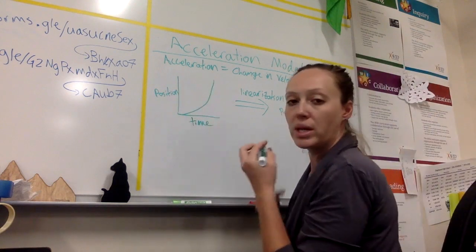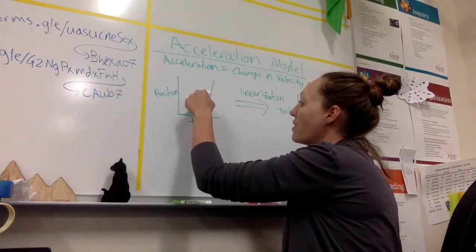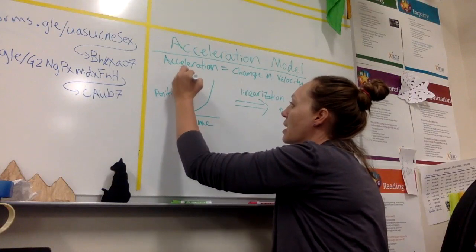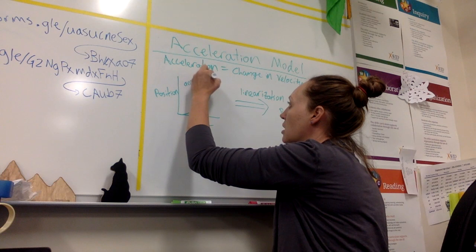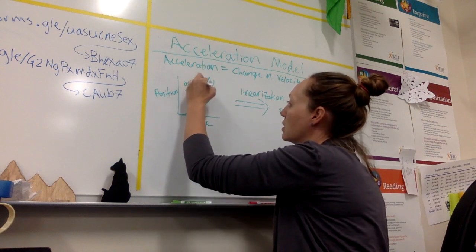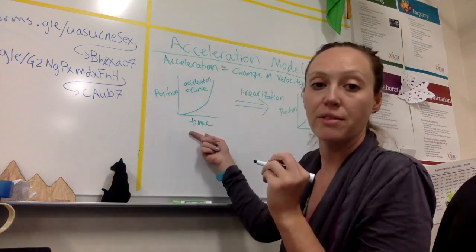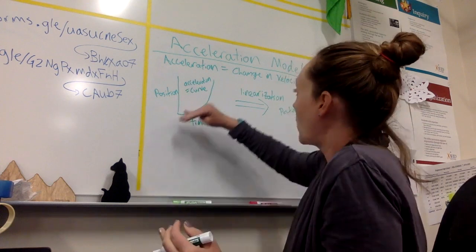One of the big takeaways from this experiment is that if you have acceleration, you get a curve on a position time graph. If you have constant speed, you get a straight line.